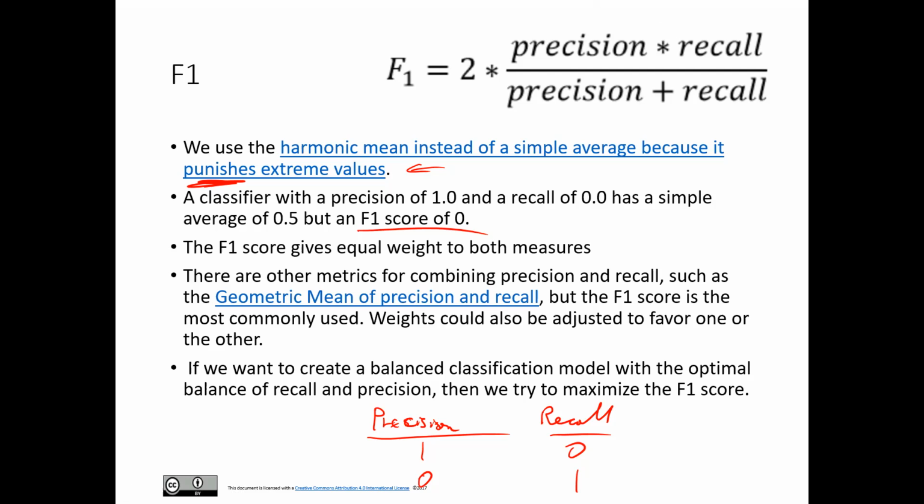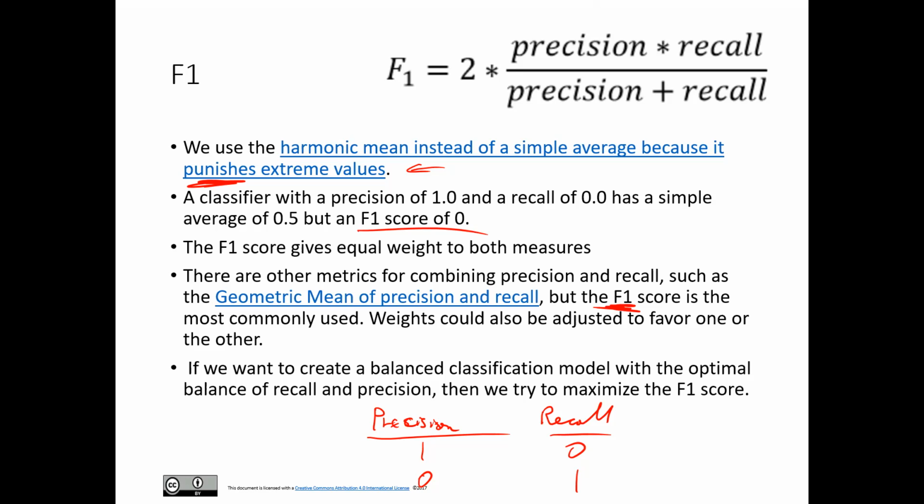The F1 score gives equal weight to both measures, and that's why it's combined. There are other metrics for combining precision and recall, such as the geometric mean, but the F1 score is the most commonly used. And this you'll find in a lot of the reports, papers, etc. F1 measure is always a combination of precision and recall.